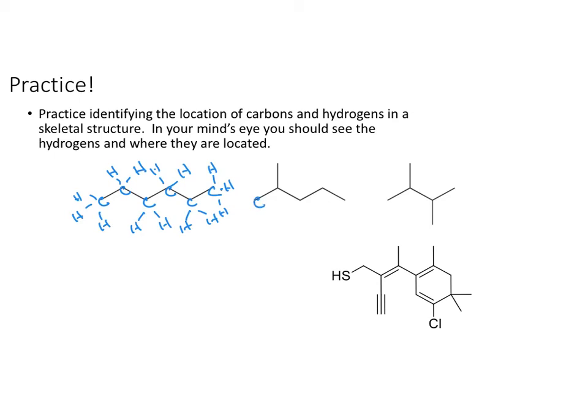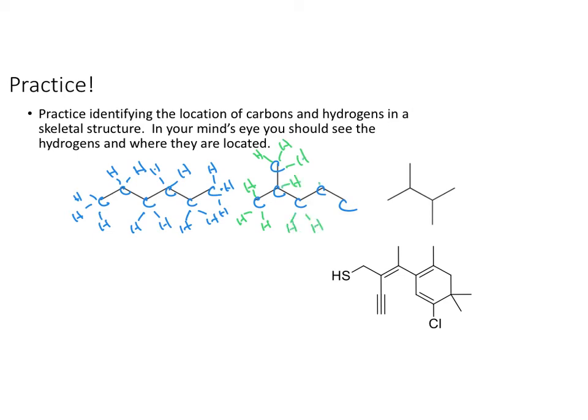So there's a carbon here. So at every endpoint, at every intersection. And then if we start with the carbon on the left, it just has 1 other bond shown, so it must have 3 hydrogens. Same with this carbon. This carbon must have 1 hydrogen.